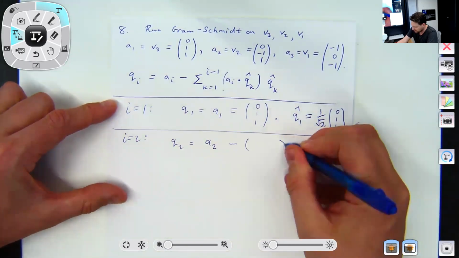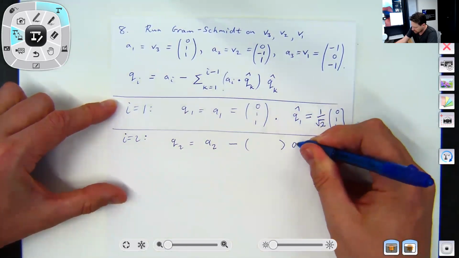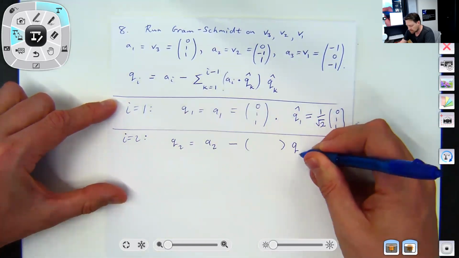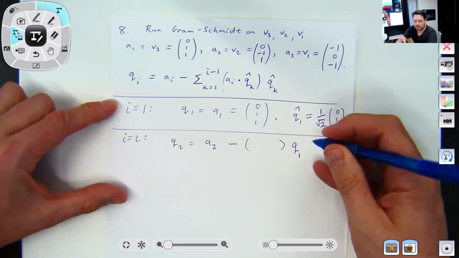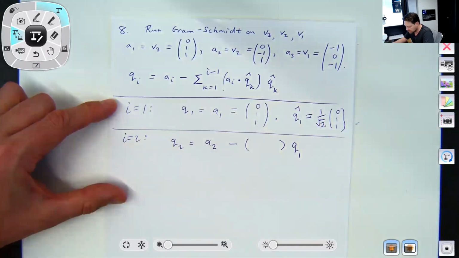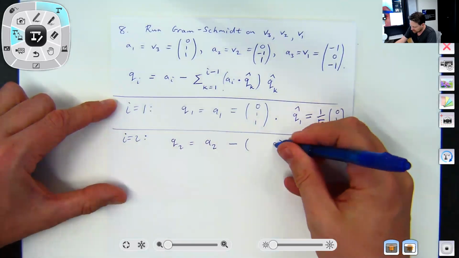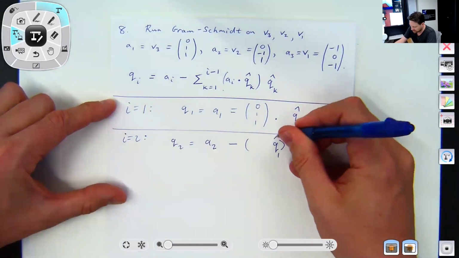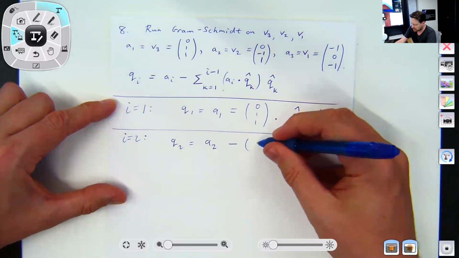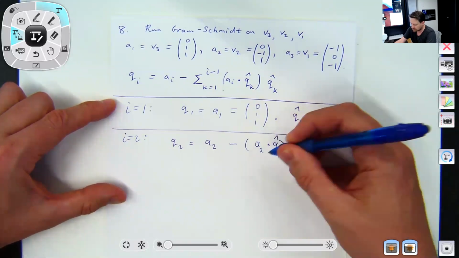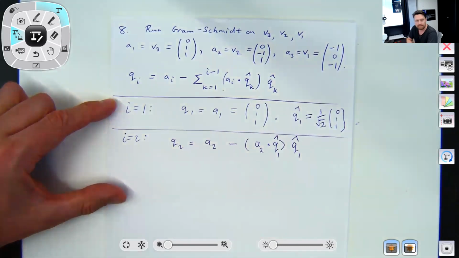We're summing over k, so k is 1. It's got a hat on it, and in here as well, Q1 with a hat on it, and then we have A2, because i is equal to 2.